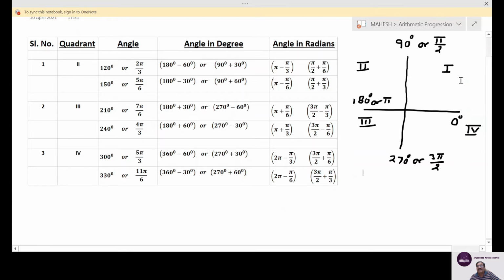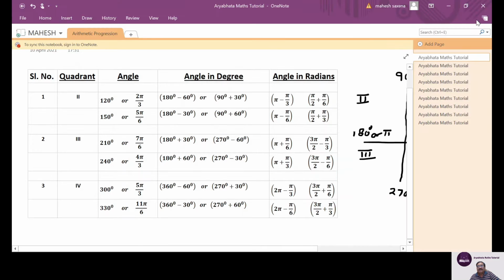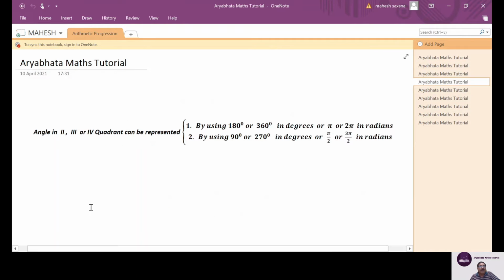Therefore, we can say that angles in the second quadrant, third quadrant and fourth quadrant can be represented in two types. Number 1, by using 180 degree or 360 degree in degrees, or pi or 2 pi in radians.